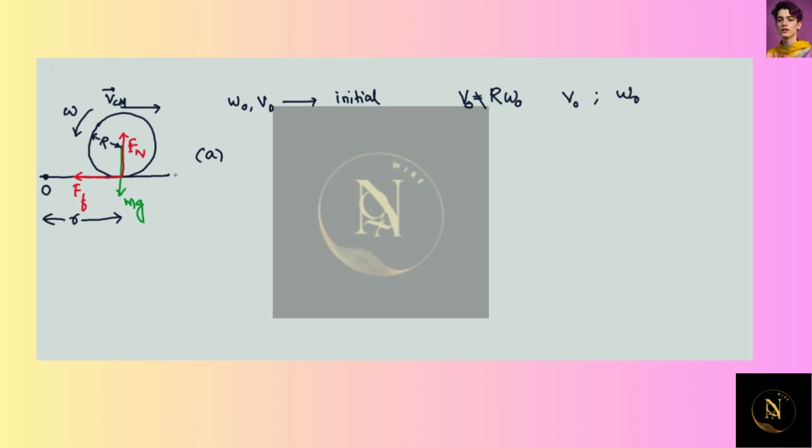Now, Fn and mg, as you can see, are in opposite directions, and each has the same lever arm about an axis passing through the point O, perpendicular to the plane of this paper. Because of that, there will be no net torque.